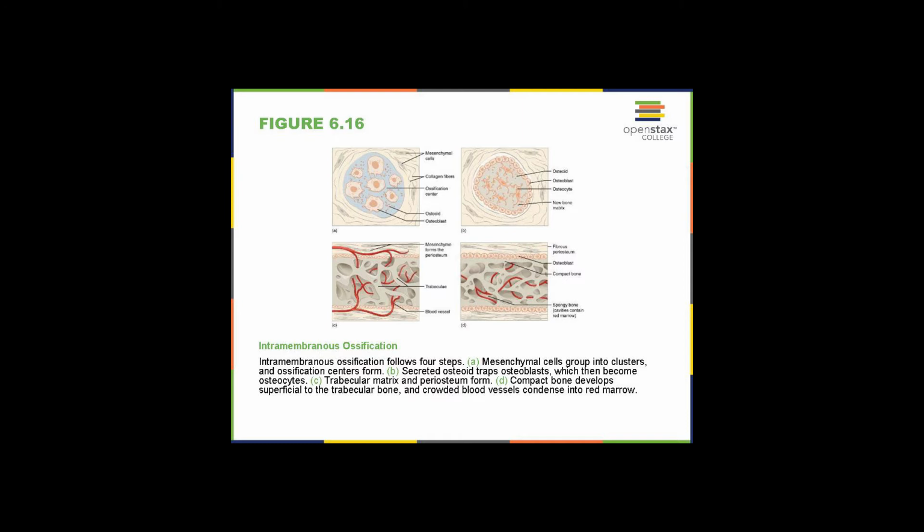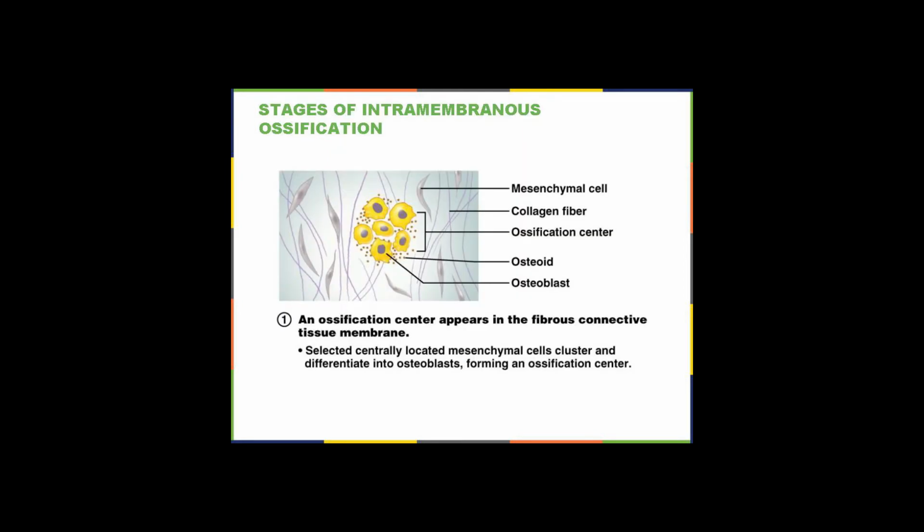We'll end up with that plate of compact bone, and once we have compact bone, we have lamellae. Now there's two ways the bone can grow. It can grow interstitially or appositionally.